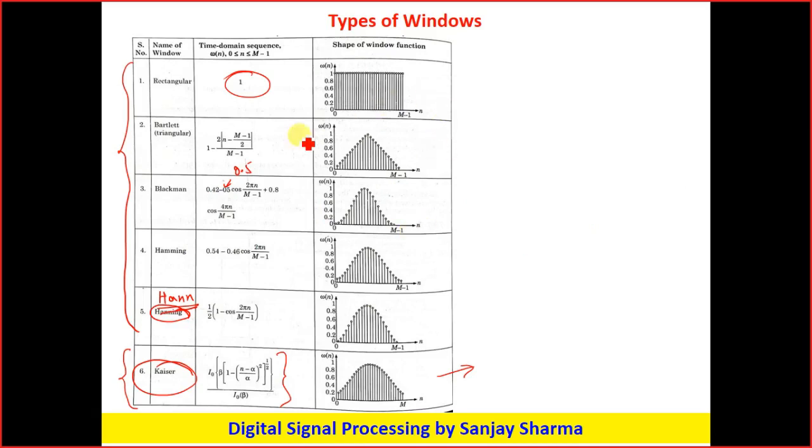If you look over here, the Bartlett window gives you a triangular shape. The Blackman window is also regarded as a cosine window.